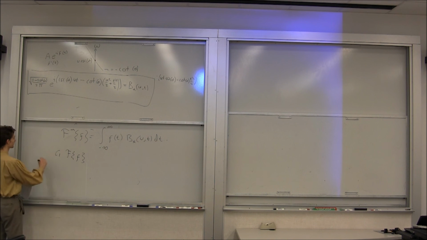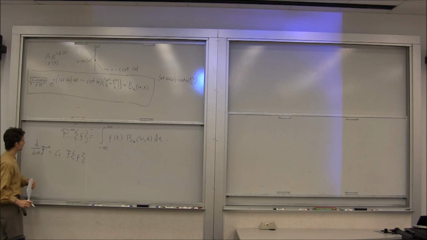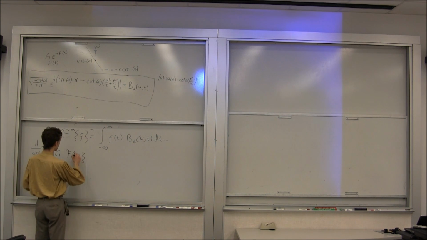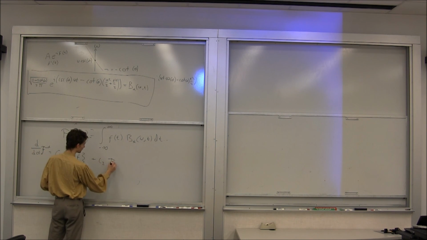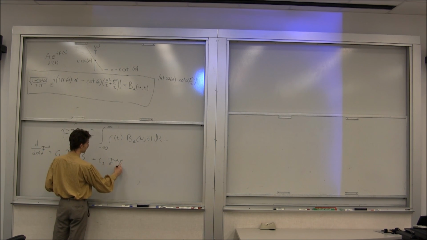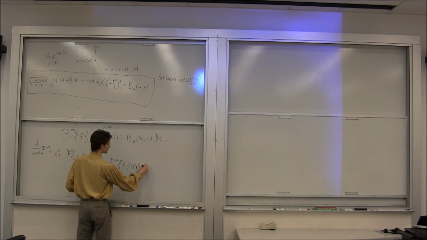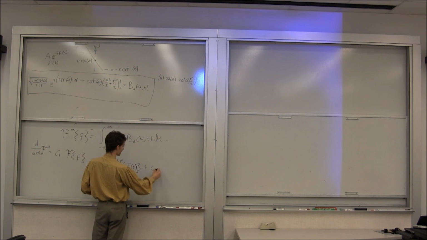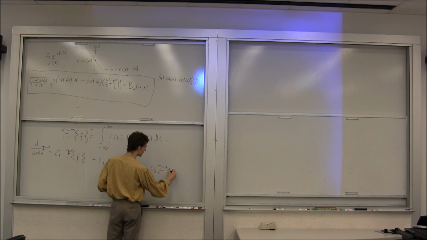So this is the derivative with respect to alpha of the fractional Fourier transform: a constant times the fractional Fourier transform, plus another constant times the fractional Fourier transform of t times f of t, plus a third constant times the fractional Fourier transform of t squared over 2 times f of t.